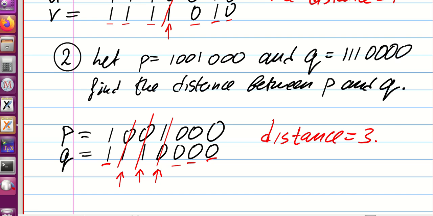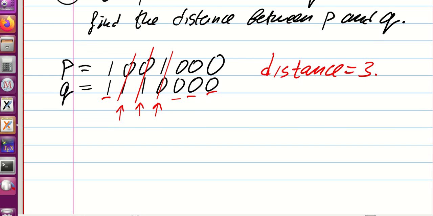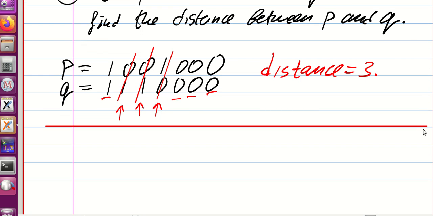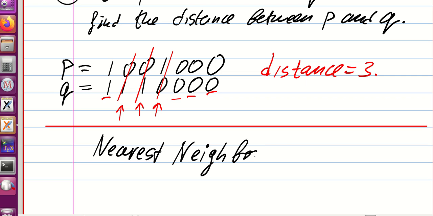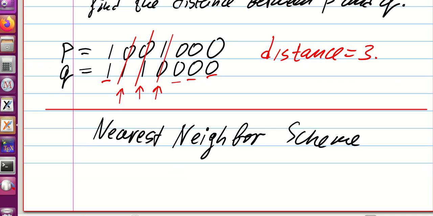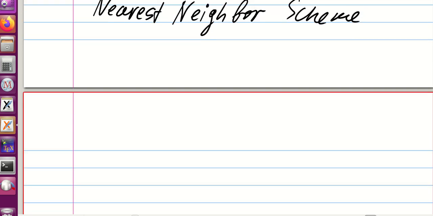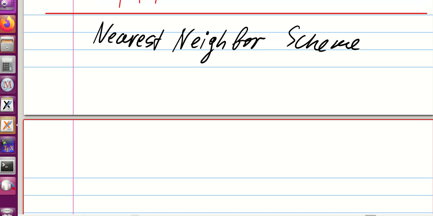Now that we've learned how to calculate the distance, we can create a scheme, which will be the nearest neighbor scheme. Again, this is a different nearest neighbor, one for the binary code.